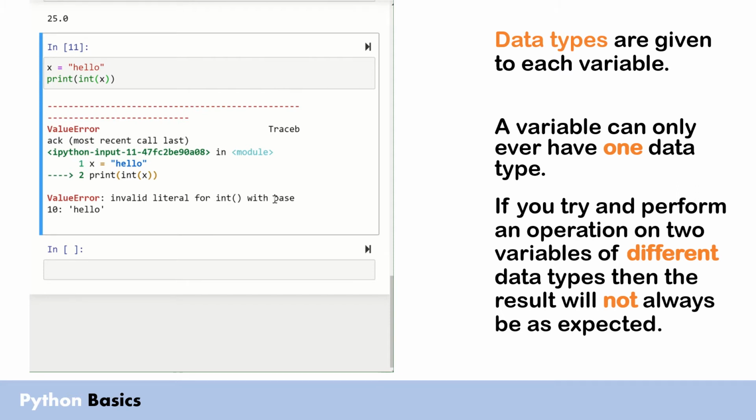So what it's saying is it's invalid to turn the text hello into an integer. So hello can't be turned into an integer, basically. And that makes sense because hello is not a number, so it can't turn it into a number. So casting will only work if the string is a number. So we're going to look at that in a bit more detail and look at where this becomes really useful.